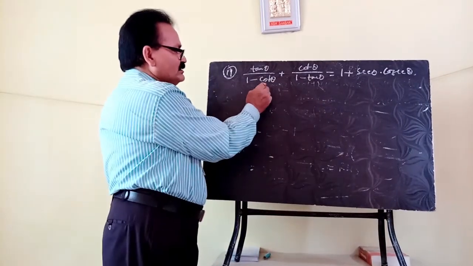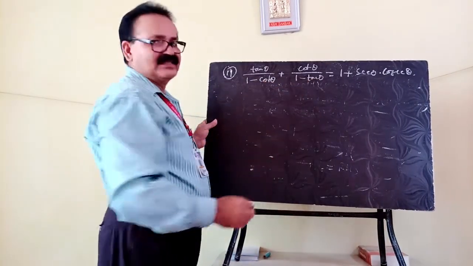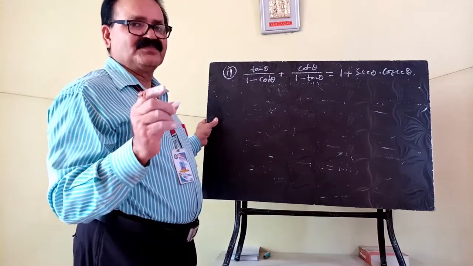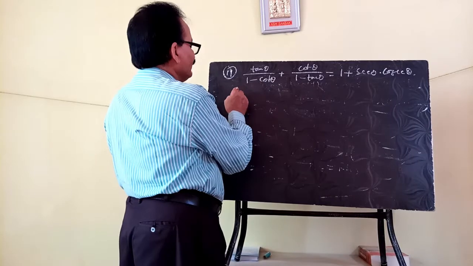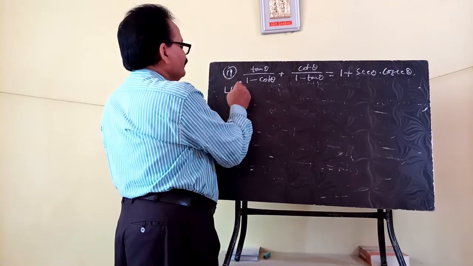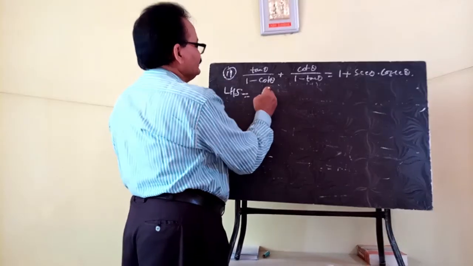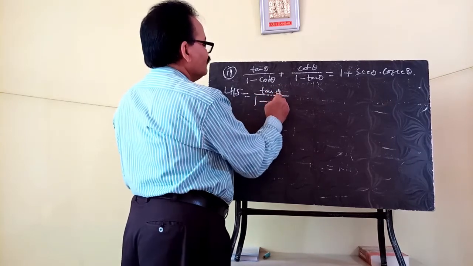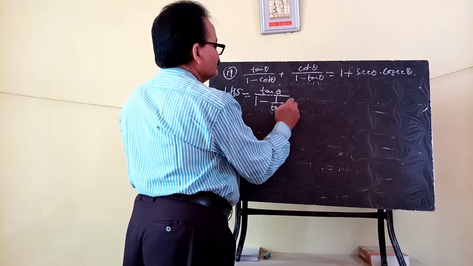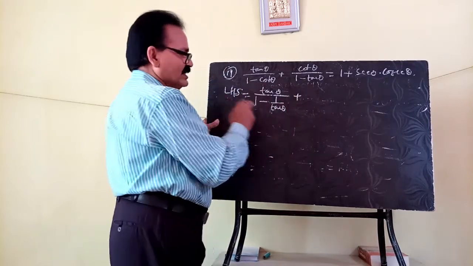You know very well the relation between cot theta and tan theta, that cot is the reciprocal of tan theta. Clear? So, to make the LCM equal, you first change cot theta to 1 by tan theta in the LHS.